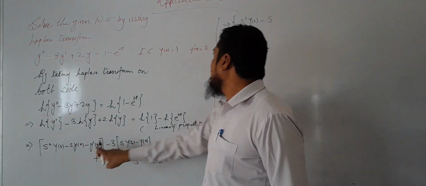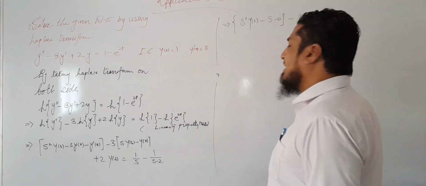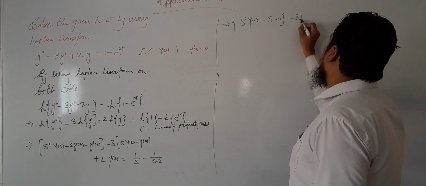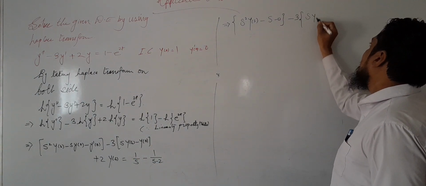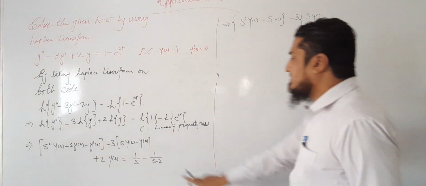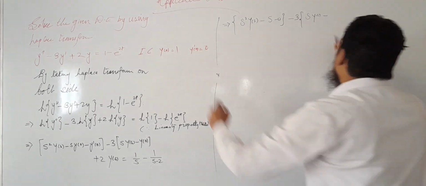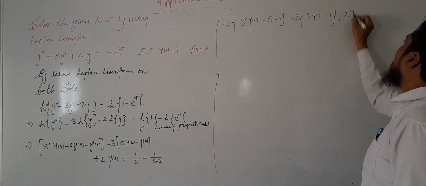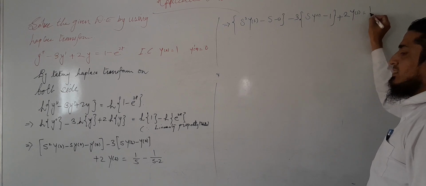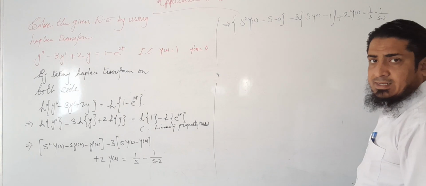Now y dash of 0 is equal to 0, so minus 0, plus 3 s y of s as it is, minus y of 0, and y of 0 is equal to 1, so we can write 1, plus 2 y of s, equals 1 upon s minus 2, correct.